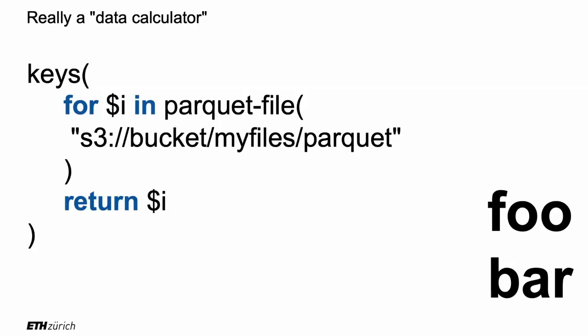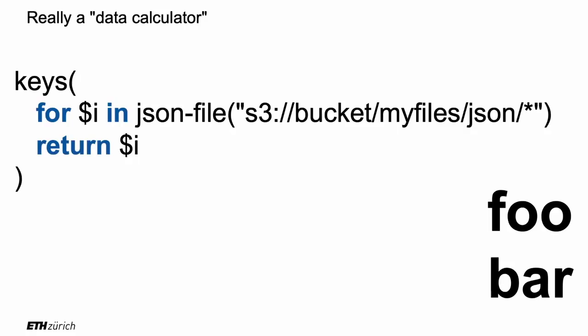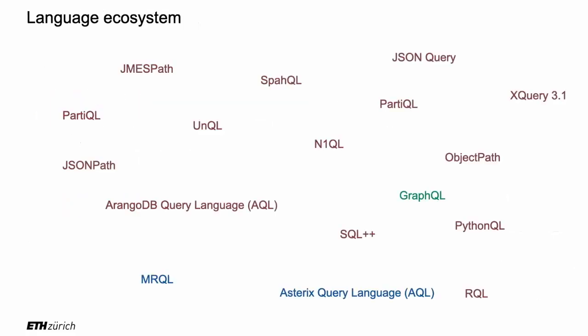Yes? Exactly, we have the schema in the Parquet file. So in that case, you don't even need to look at the data to evaluate this query. You just open the Parquet file, look at the beginning of the file at the schema, and the schema will tell you the keys. So this is the benefit of data independence. It's the same query, but the engine can figure out ways to make it super fast just by optimizing.